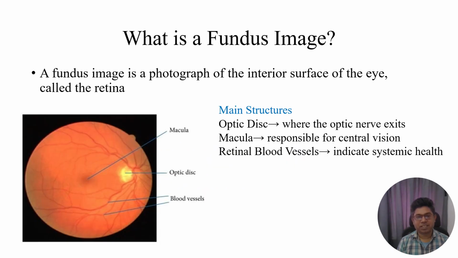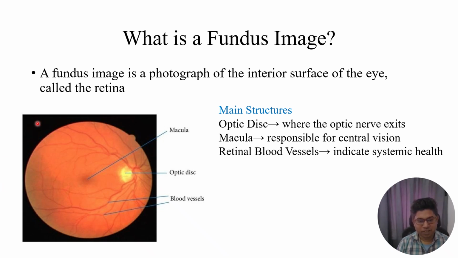So what is a fundus image? If you look at this picture, this is called a fundus image, and in this photograph you can see the image of the interior surface of the eye, which is also called the retina.